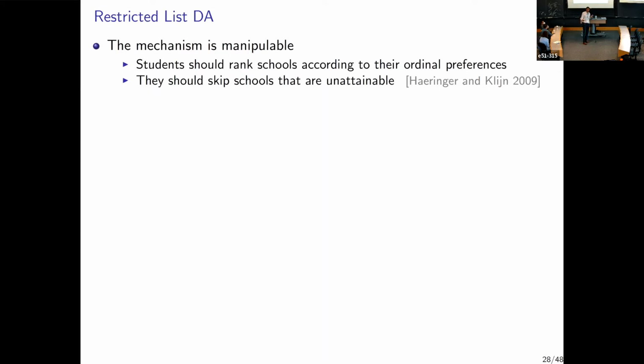Well, there is some hope, meaning that people shouldn't be messing around so much with the rank order list. But you need to be worried about this skipping behavior because it might be there. And the other question, an empirical question, is where do people actually skip when they have restricted list DA? So this tells us immediately that we can make revealed preference arguments.